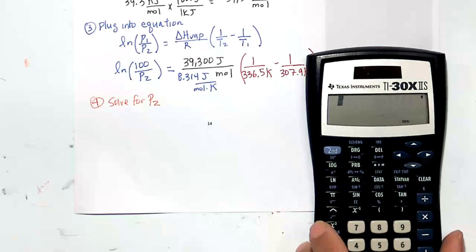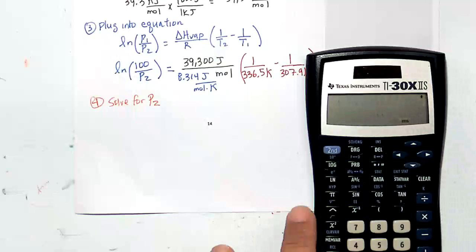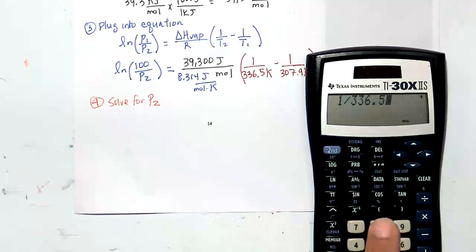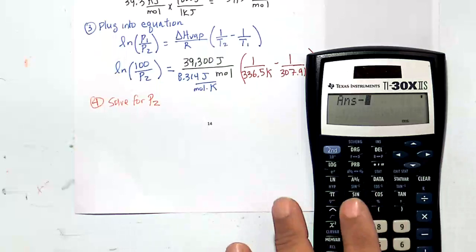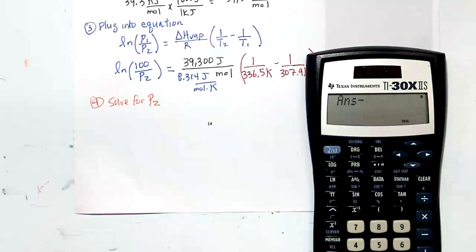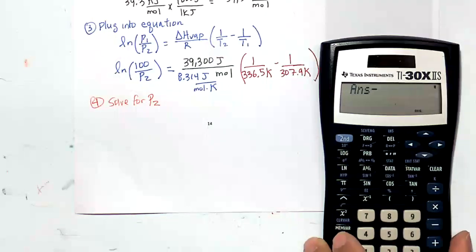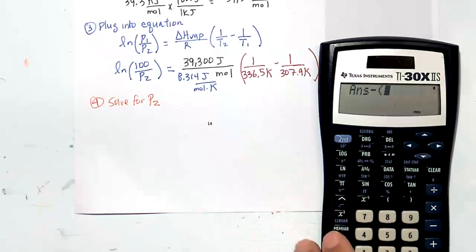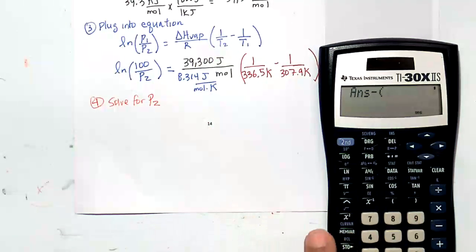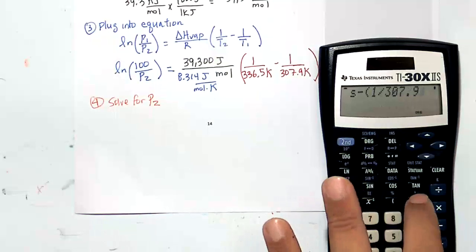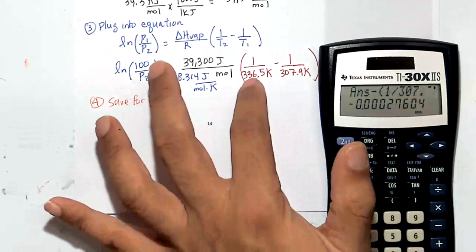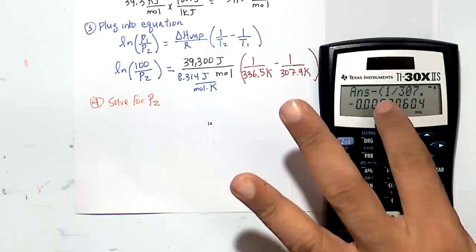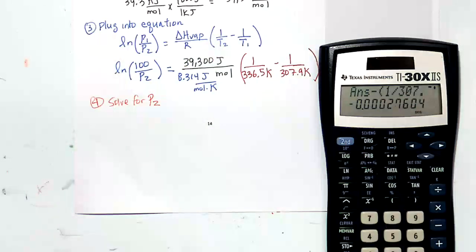The first thing I'm going to do is 1 over 336.5. So 1 divided by 336.5 is that. Minus, I'm going to put parentheses, again, you do whatever makes you comfortable. Minus parentheses, 1 divided by 307.9, and I'm going to close the parentheses. 1 over that minus 1 over that is equal to this mess.